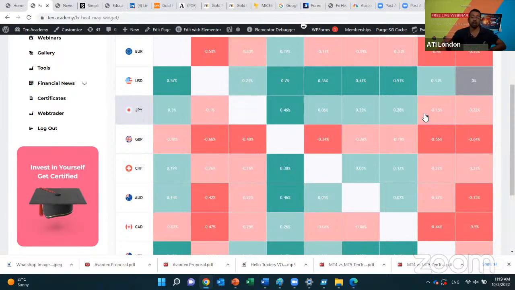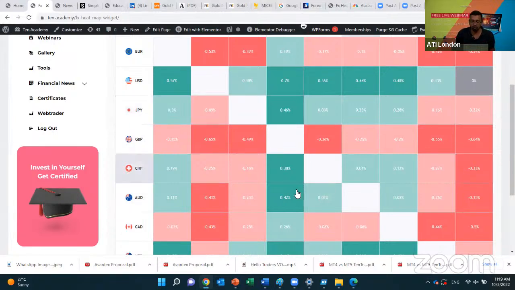That means they are turning off their risk appetite. They want to be more careful, so they are trading safe havens or safer currencies, and they want to avoid too much exposure on the risk side of things.